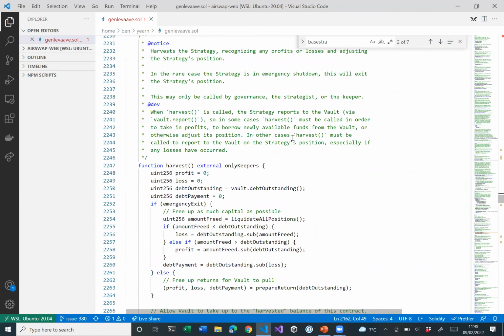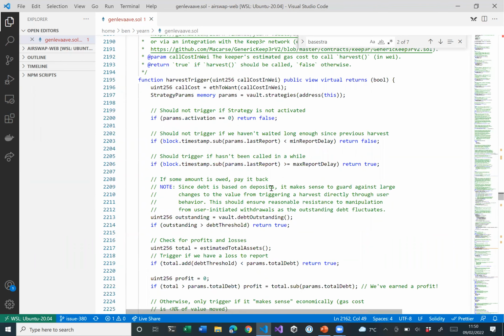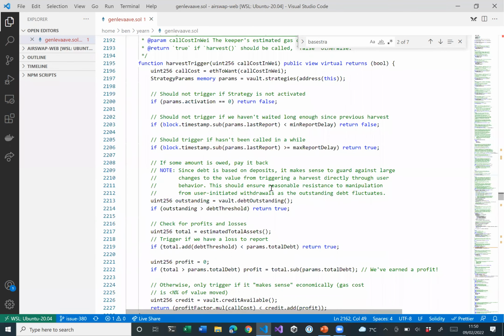There's the harvest function we looked at. What's the difference between harvest trigger and harvest? So harvest trigger, what's it doing? This is the cost, I guess, to do the swap. Calculates the outstanding debt.